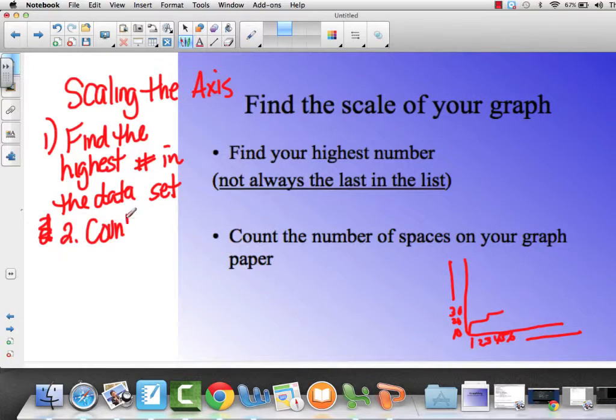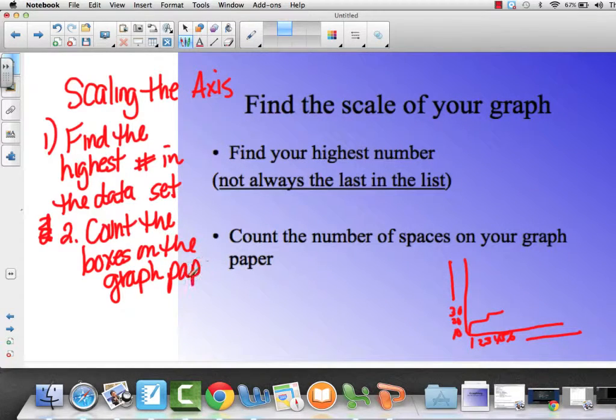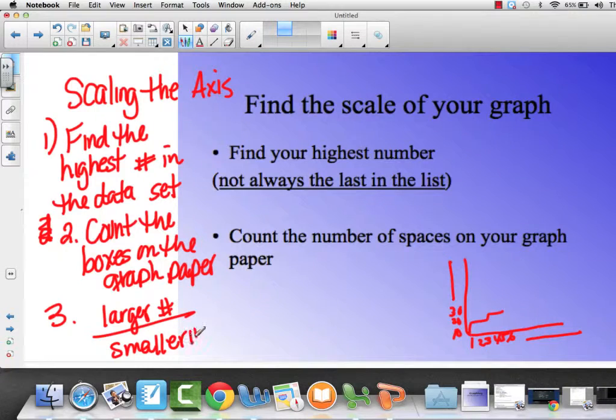Count the boxes on the graph paper. Then what you're going to want to do is divide the larger number by the smaller number. Okay, and so I'll show you how that works. So you got 3 steps.